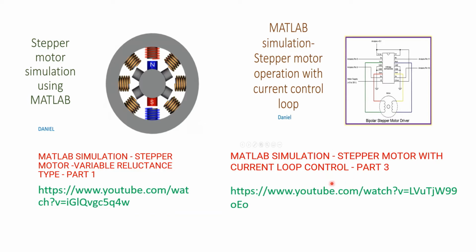Instead of repeating the same sequence of steps again and again to make the same file, I want to use the part 3 simulation file to demonstrate the trajectory generator design and how to control the motor in forward and reverse direction. If you have not watched those videos, kindly watch them. That will give you a better idea about the stepper motor simulation.